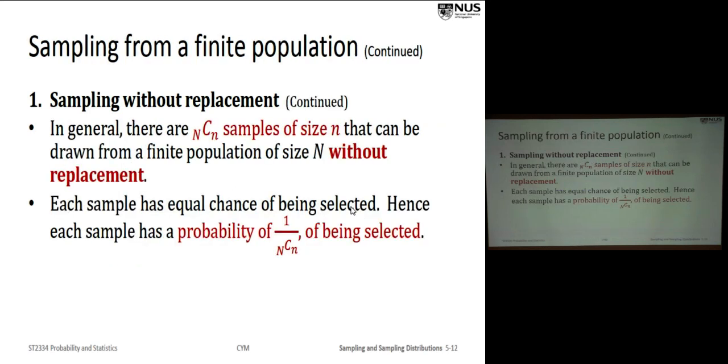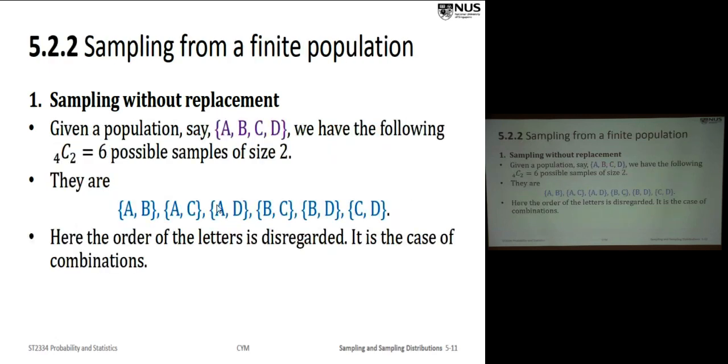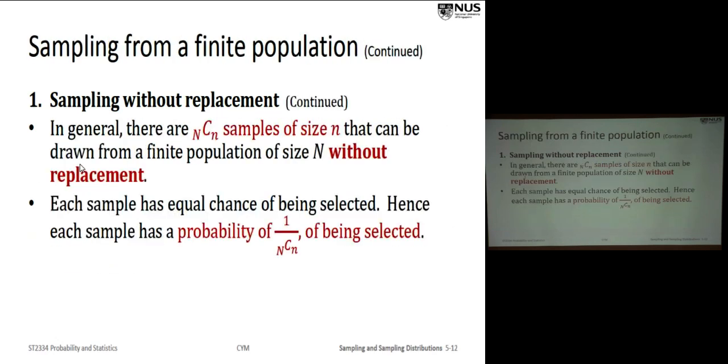So in general, if you have capital N elements of the population and little n points are taken from capital N, so little n is less than or equal to capital N, because it's sampling without replacement, then of course there are capital N choose little n possible samples of size little n that you can take. Just as you have here, 4 choose 2, in general it's capital N choose little n.